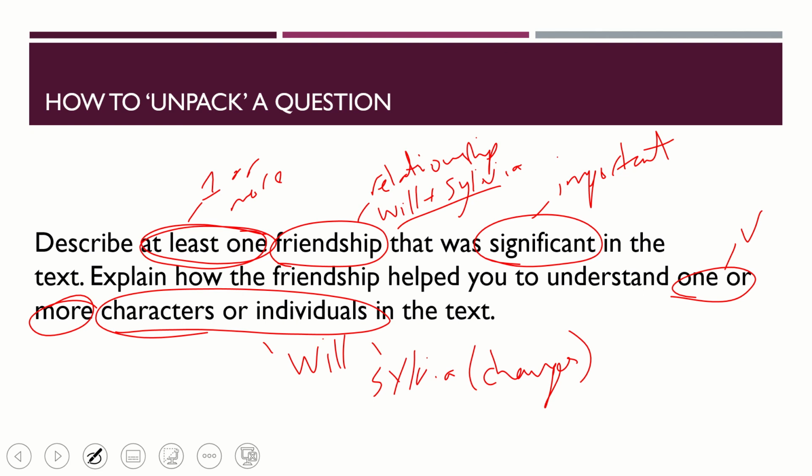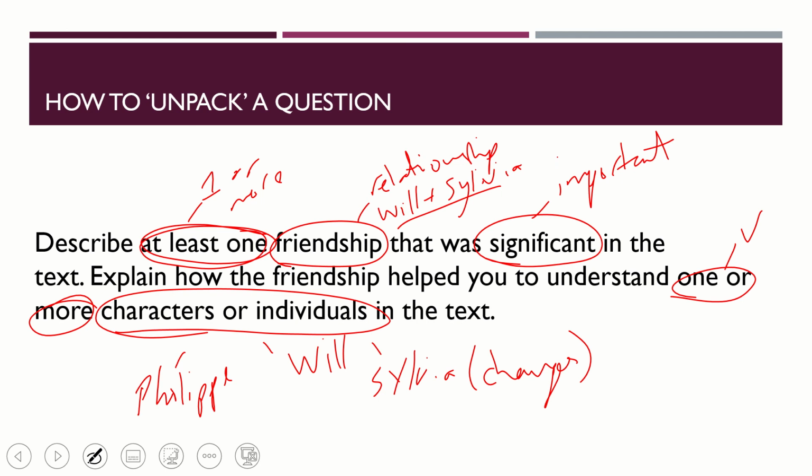Okay, so you could even make the argument that Will and Sylvia's friendship helps us understand Philippe, because he really despises how Will has sort of taken Sylvia and shown her the truth, and it shows how he doesn't want anybody corrupting his control of the world.